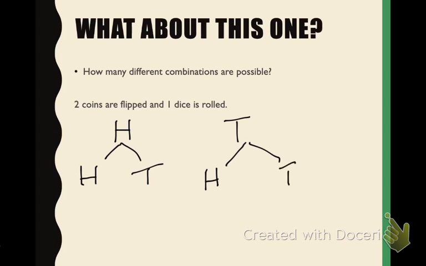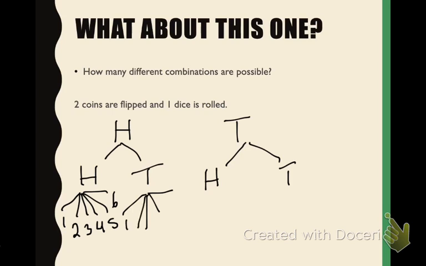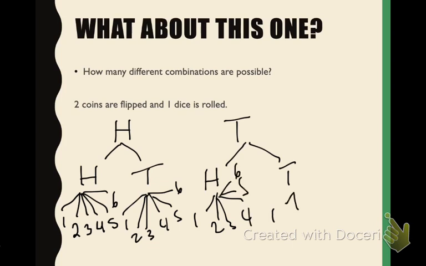From each of these options, when I roll a die, I have 6 options: 1, 2, 3, 4, 5, 6, for each of the four branches.